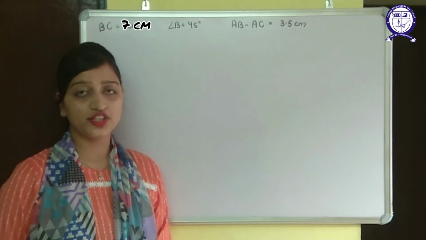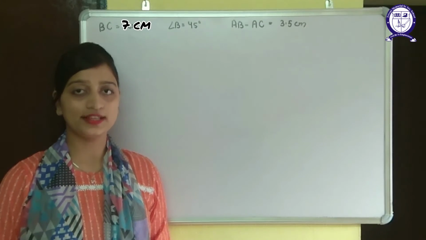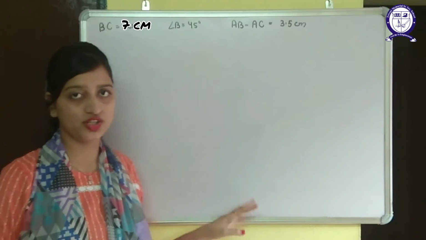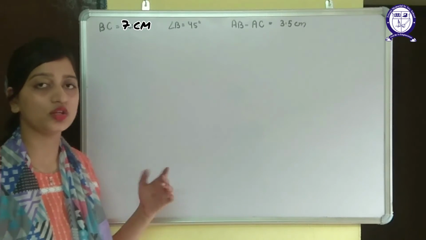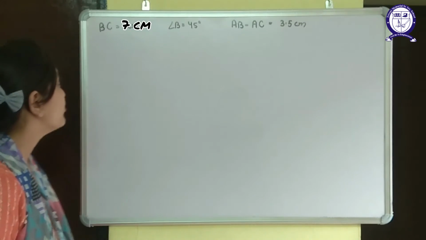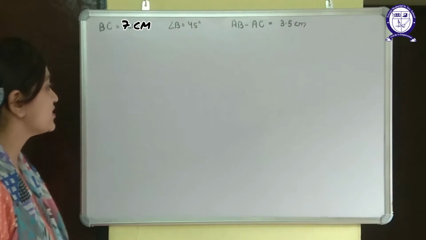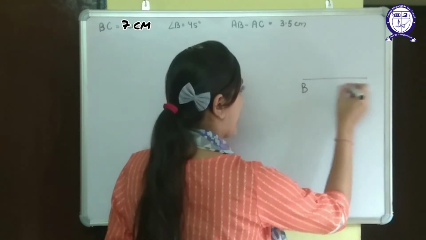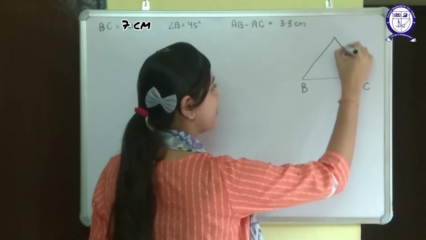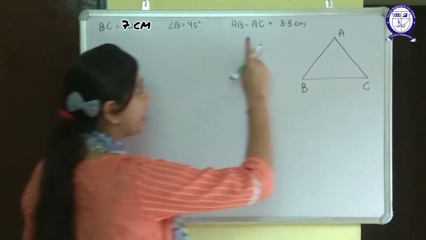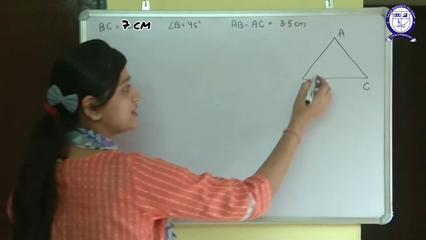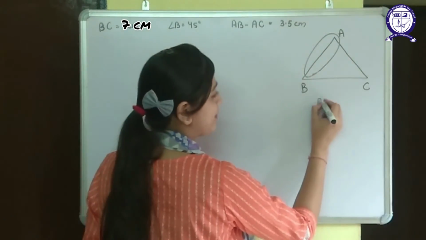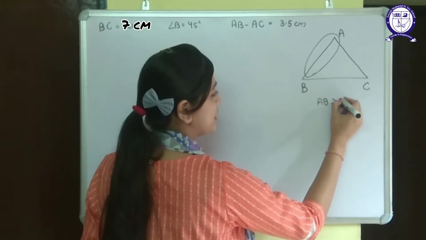Let's take an example of both cases. In this question, you always need to draw a rough figure to understand which type of construction it is, either case 1 or case 2. First of all, BC, the base, is given, so I can draw this as my BC, and this point is A. AB minus AC means this side is longer, AB is greater than AC.